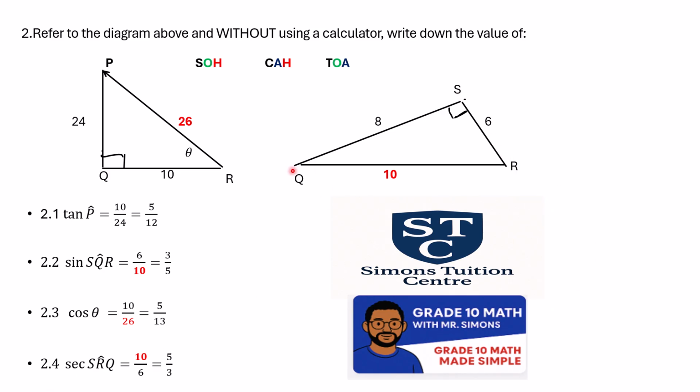SRQ is this angle here. For the sec of that, I want the hypotenuse, which in this case is 10, and the adjacent, which is 6, next to it. So it flips around and becomes 10 over 6, which equals 5 over 3 when simplified.